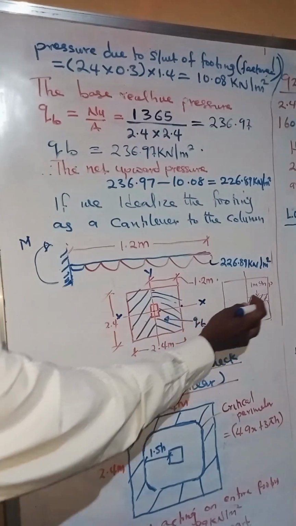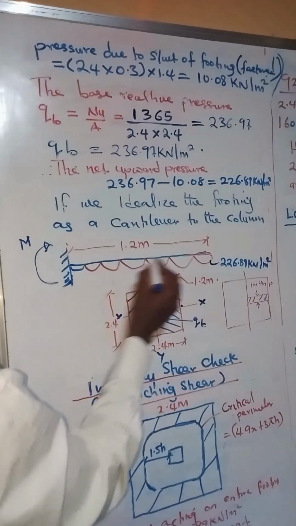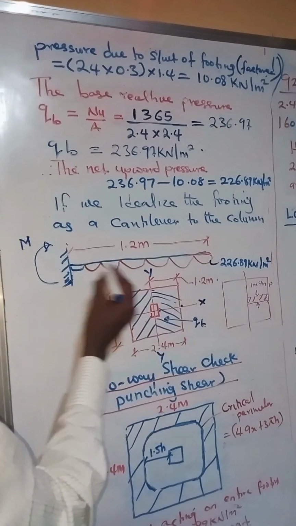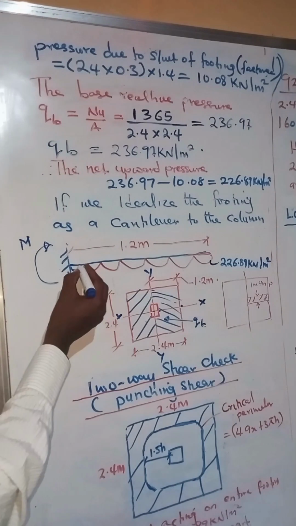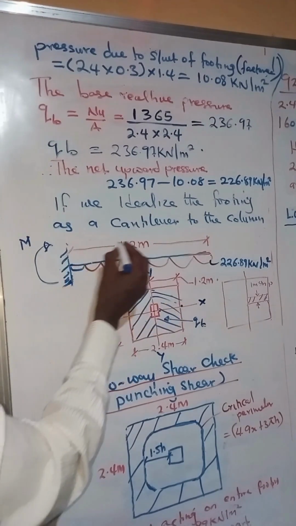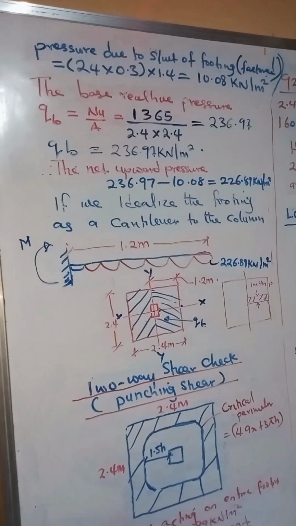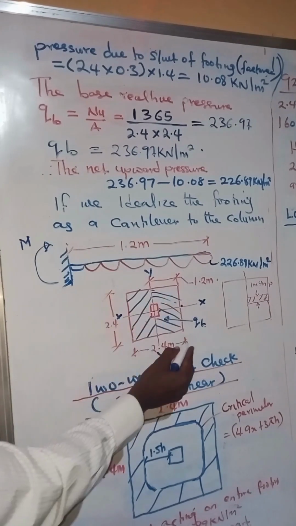So if we pick a strip of 1 meter from the footing, we are going to have that strip like this, as 1 meter strip width. The length of that 1 meter strip is 1.2 meter, because the total from here to here is 2.4.